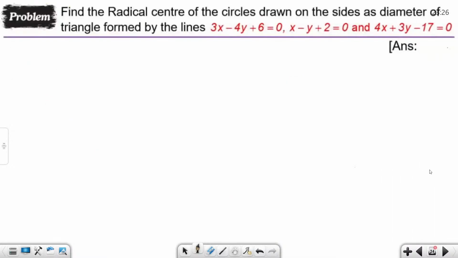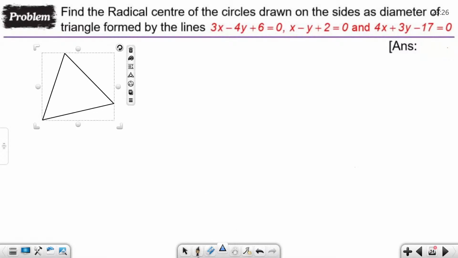Say this question. Find the radical center of the circles drawn on the sides as diameter of the triangle formed by these three lines. It means what? We have been given a triangle and we have been given its three sides. What are those sides?